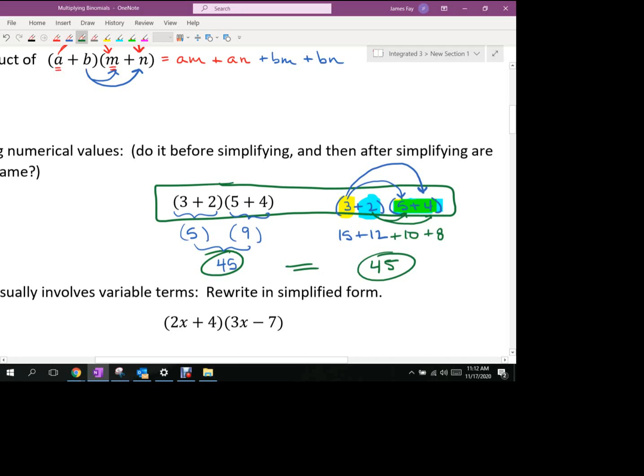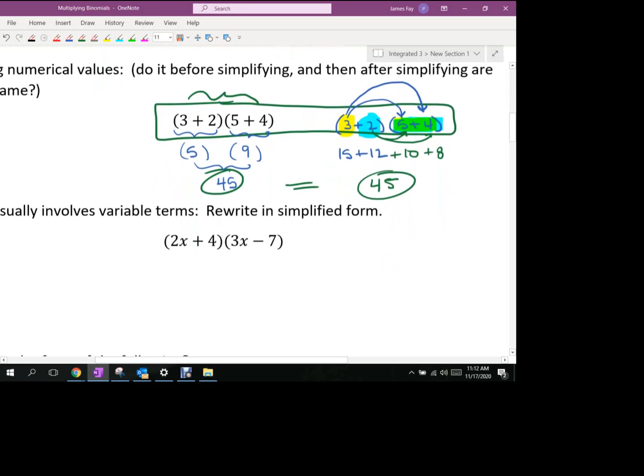And what's nice about recognizing this is that eventually, when I replace some of these values with variables, instead of 3, 2, 5 and 4, this technique disappears. I'm not able to use that. But this technique will still be present, and we can use it.